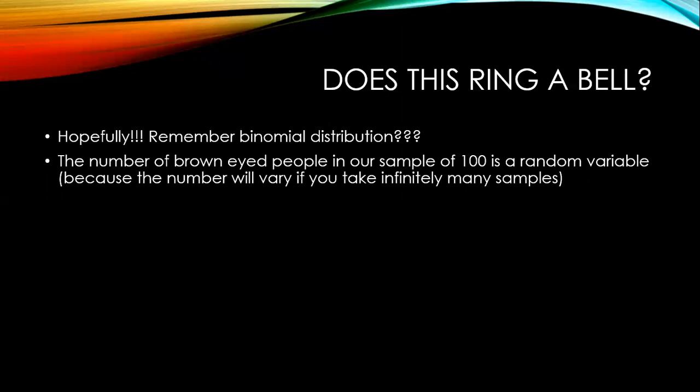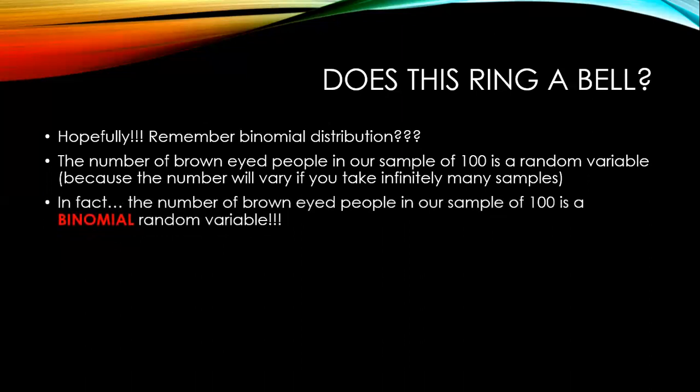Because there's a proportion of brown-eyed people in your town. So therefore, it's a random variable, right? Your samples will all have different numbers of brown-eyed people. So the number of brown-eyed people in your sample of 100 is a binomial random variable. It follows a binomial distribution.